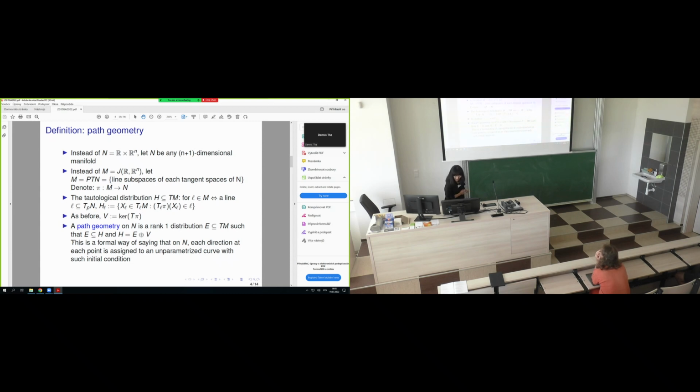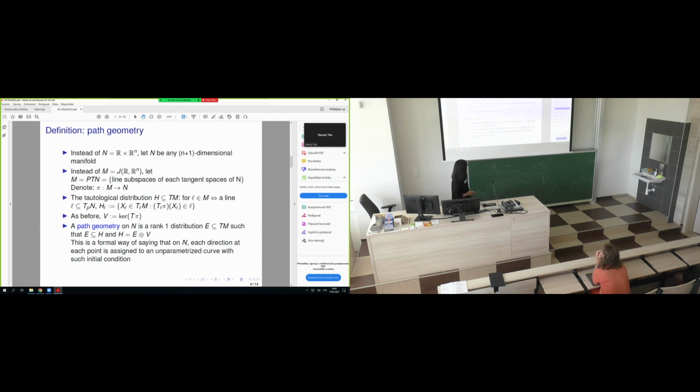And accordingly, the tautological distribution, similarly, will be the tangent vectors on M which descend to tangent vectors in N such that they lie in the line of the base point of your starting tangent vector. And V doesn't change, which is still the vertical bundle of the natural projection.